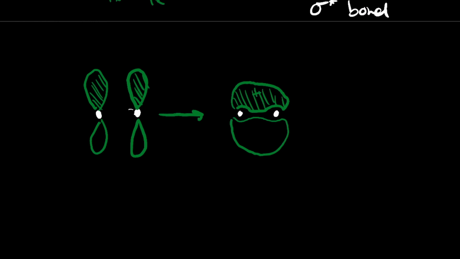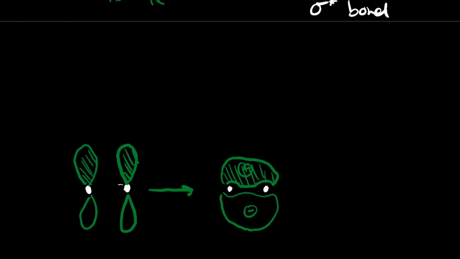So the positives added together and the negatives added together create the pi orbital. Likewise, you can get the antibonding orbital from this by combining them in a different way, right? So instead of combining them where the phases are matched, you combine them in a way that makes the phases unmatched.